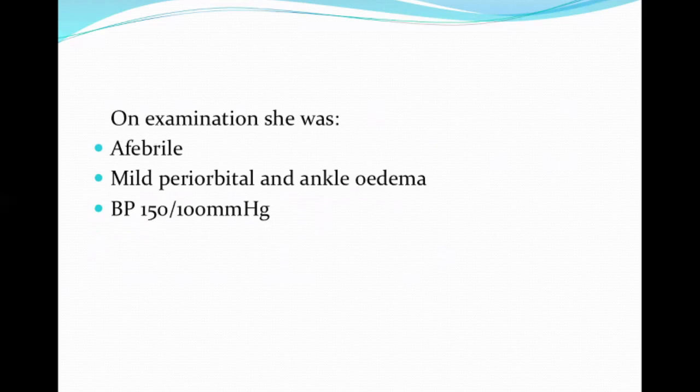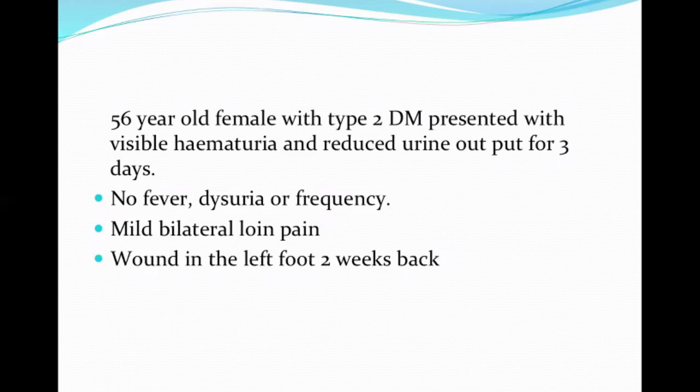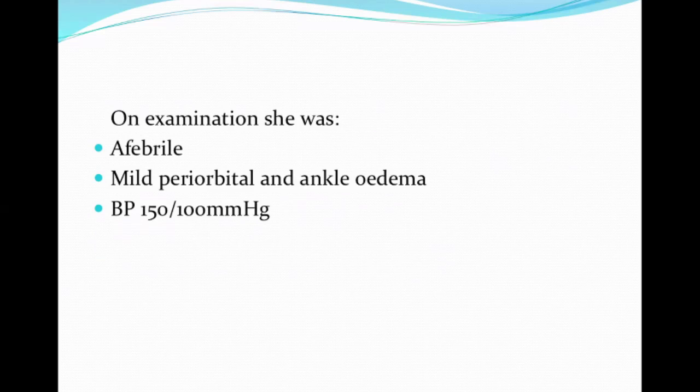And then you might argue, how can somebody with pyelonephritis get periorbital edema and ankle edema? So what is the explanation for that? Anybody? Yeah, what you need to understand is this patient could be having underlying diabetic nephropathy.